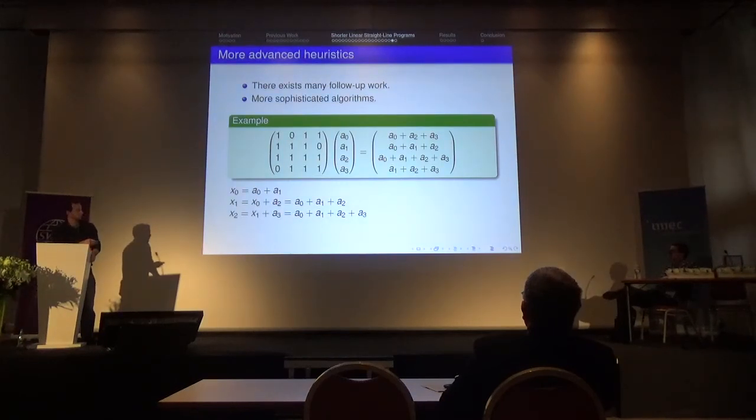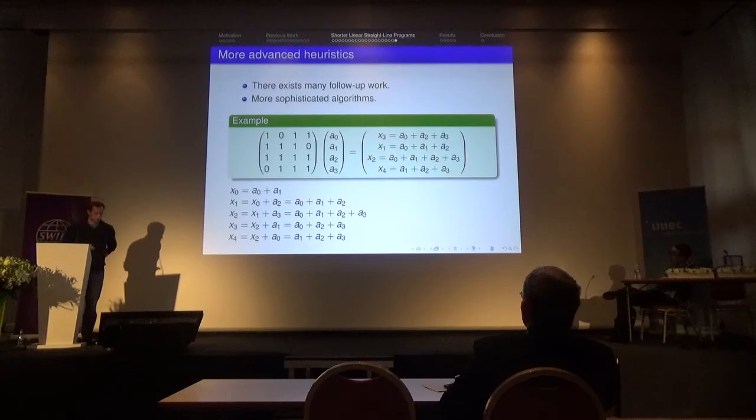And now you would already have 2 of the outputs. And now you can also make use of cancellations. So you take this intermediate value and add A1 or A0, and the according variable cancels out, and you have everything now at 5 XORs, which is even more efficient. So there are more sophisticated ways of doing this. Yeah, and the results are correct.